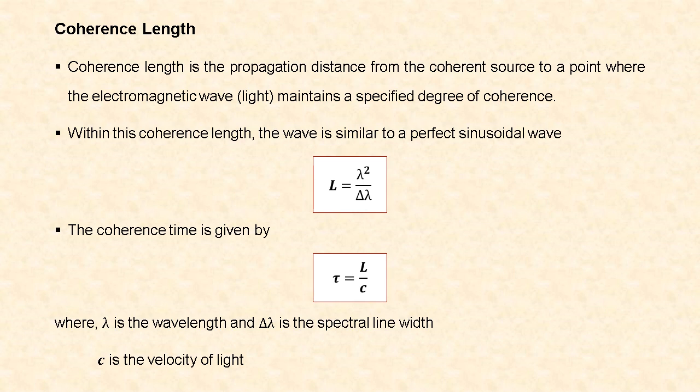The formula for coherence length is L = λ²/Δλ. Here λ is the wavelength of the emitted radiation and Δλ is the spectral line width. The coherence time is given by τ = L/C. L is the coherence length and C is the velocity of light.